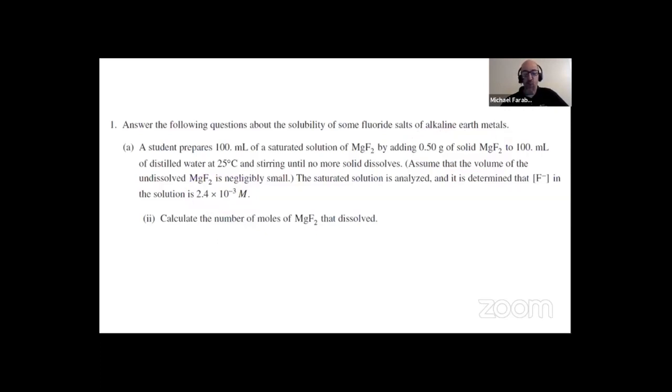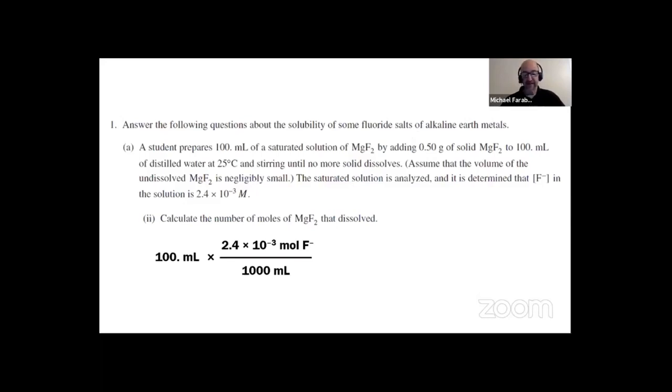So we'll start with the 100 milliliters, which is the volume of the saturated solution. We're going to use molarity as a conversion factor. So I could write 2.4 times 10 to the minus 3 moles of fluoride over 1 liter. I have chosen to write 1,000 milliliters instead of 1 liter, but that's because I wanted to get the milliliters to cancel out.